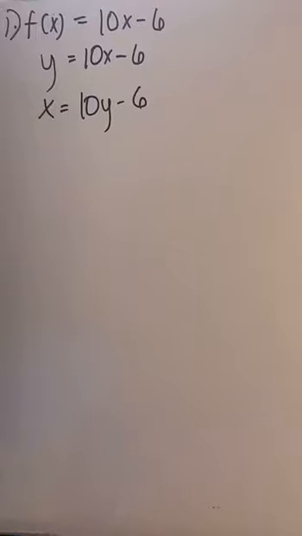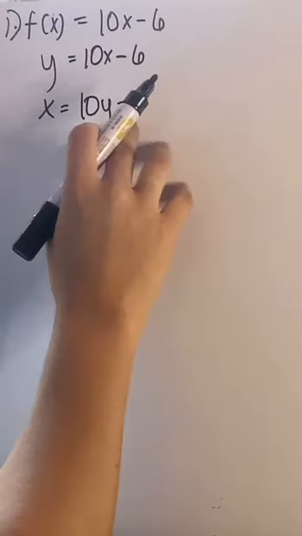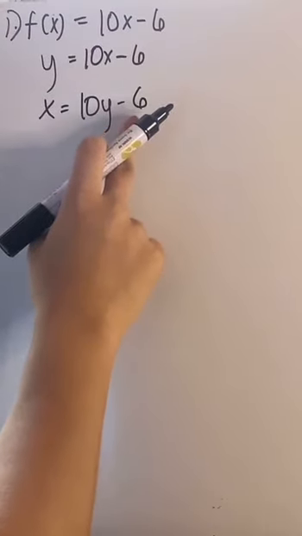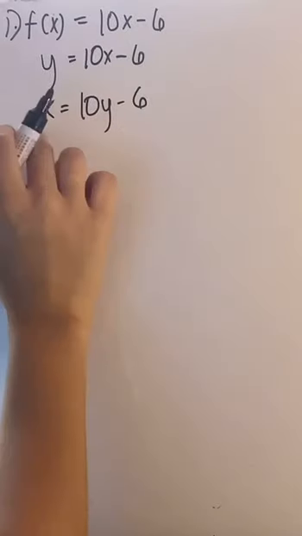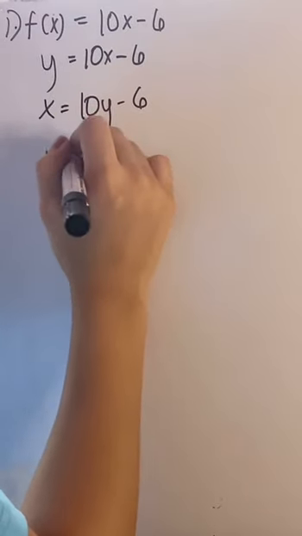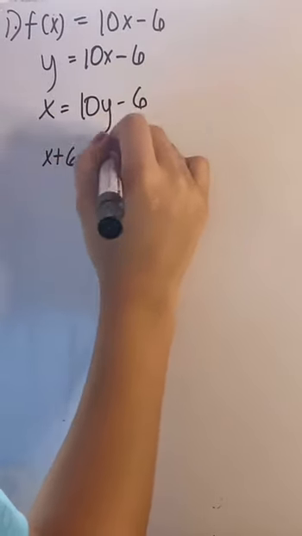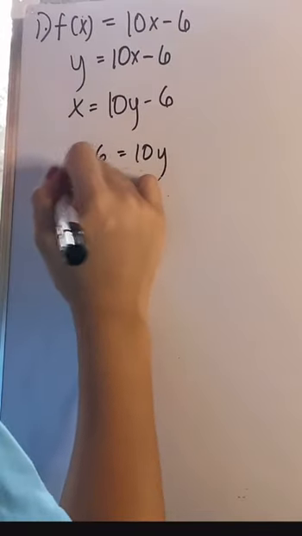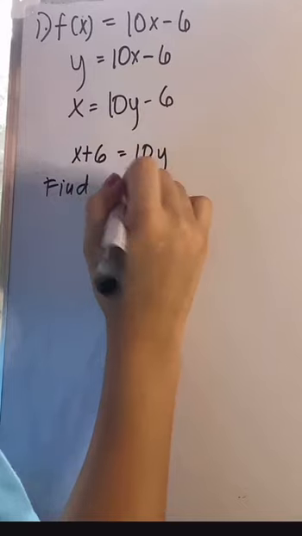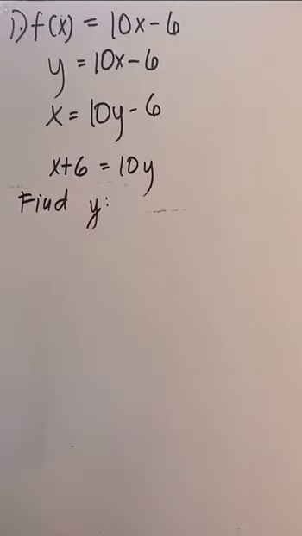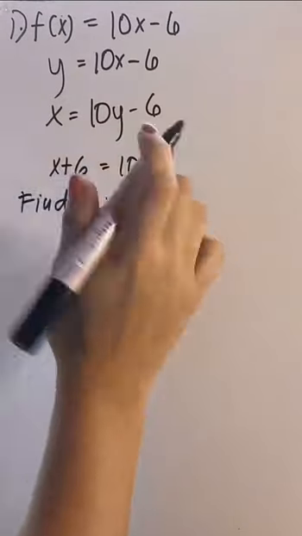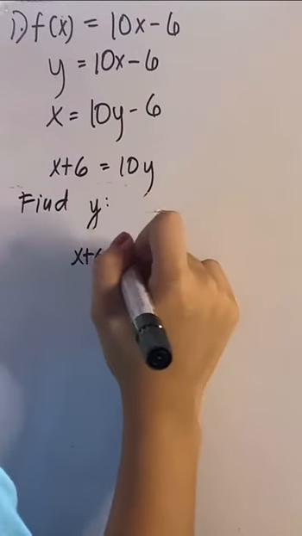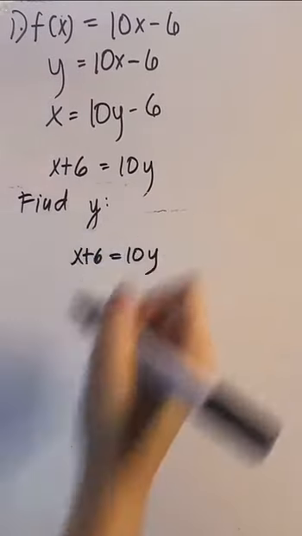Step 3 is to solve for y. In solving for y, we just have to transpose the negative 6 from negative to positive. So x plus 6 equals 10y. After that, let's find y. Let's just copy this one first: x plus 6 equals 10y.